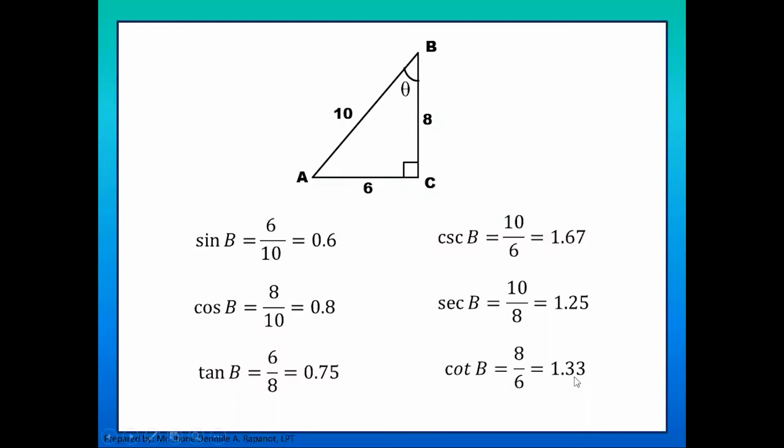So that is adjacent over opposite. 8 divided by 6 is 1.33. Hopefully, you've got the same answers here for the 6 trigonometric functions. So very good for example number 2. Now, just to give you a heads up, make sure that your final answer is in 2 decimal places. Okay? Now, let's have example number 3.